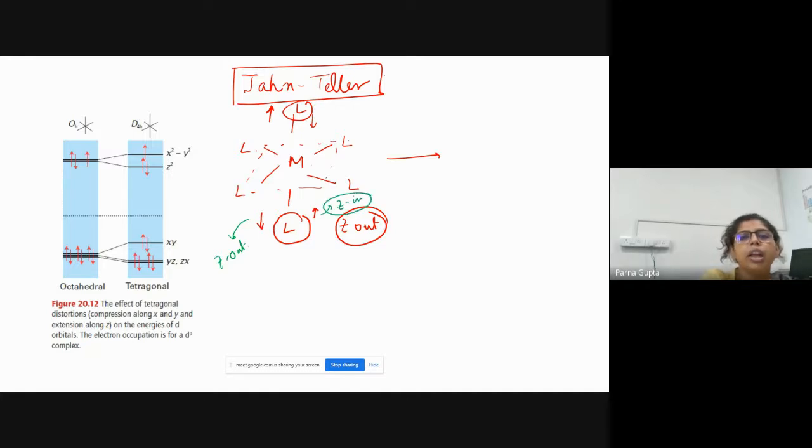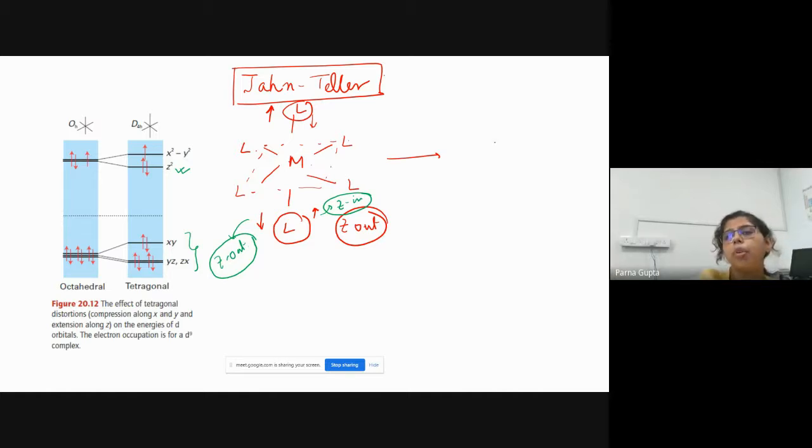If it is Z out type, then dZ2 will feel a little lowering in energy, and the dX2-Y2 goes a little up. Theoretically, the same changes apply here. According to Z out and Z in, the things will alter a little. Now, how will the questions come? It will not say that you have this ligand and you tell whether Z out or Z in.